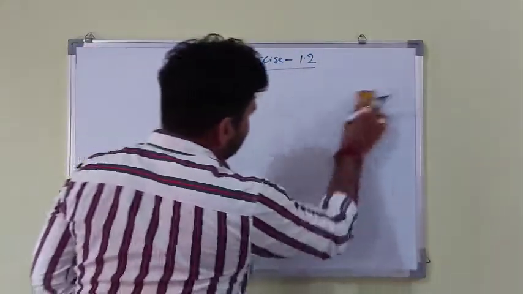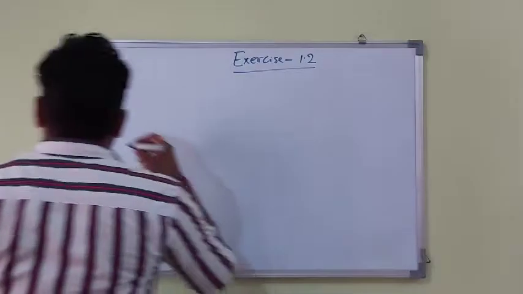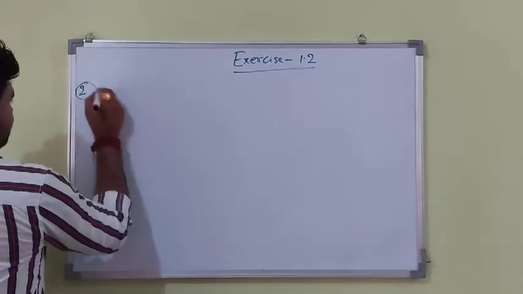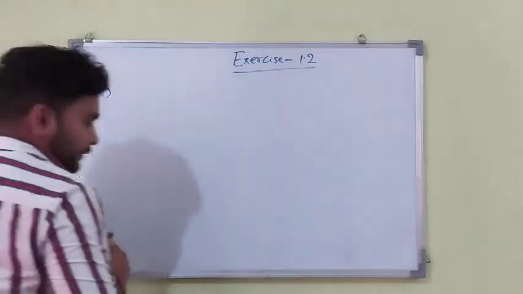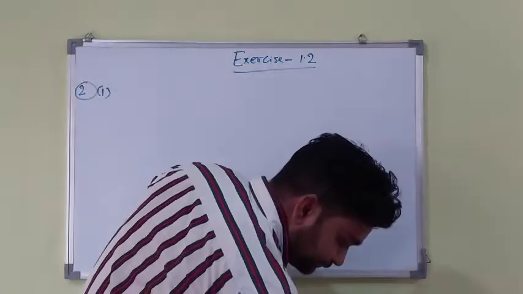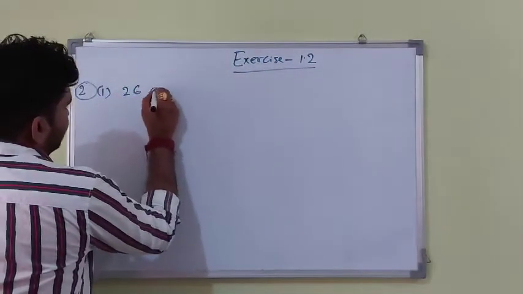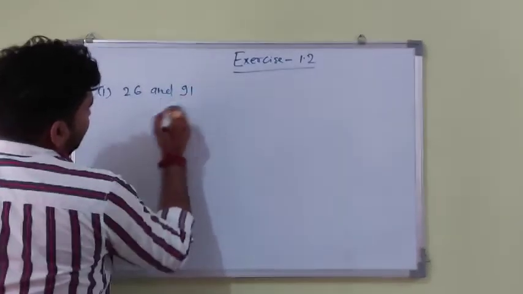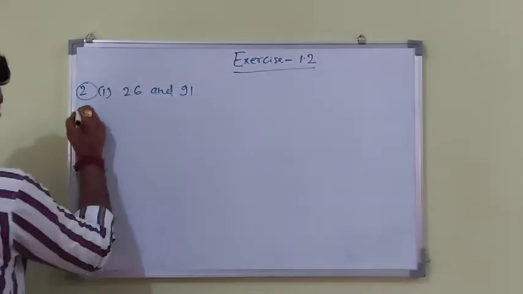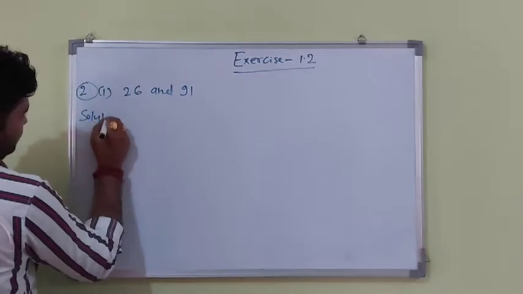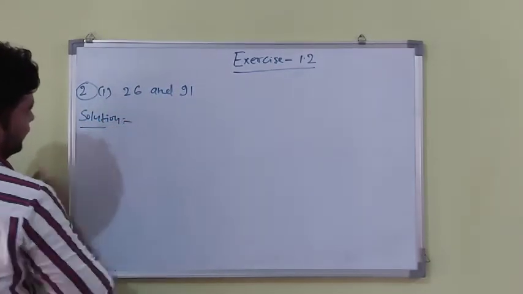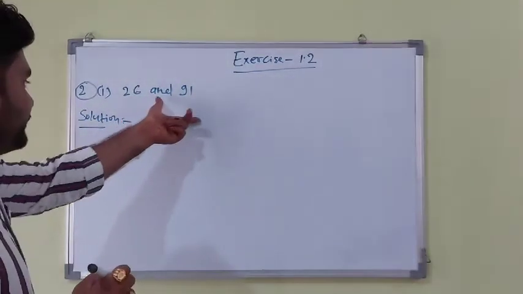So first, the given numbers in question number second, first, are 26 and 91. Okay, so let's get the solution. First do the prime factorization of 26 and 91.